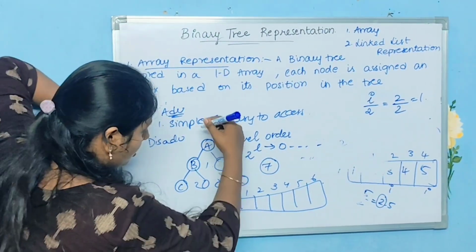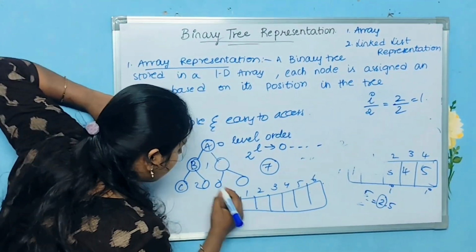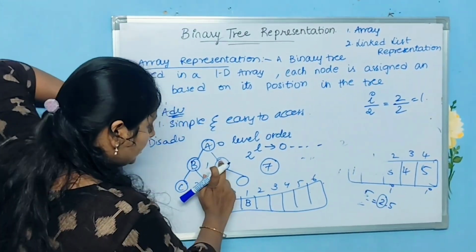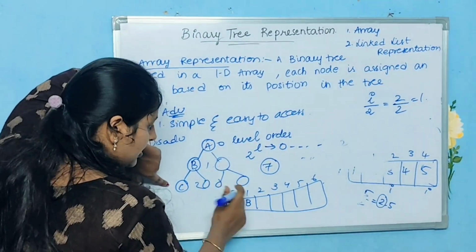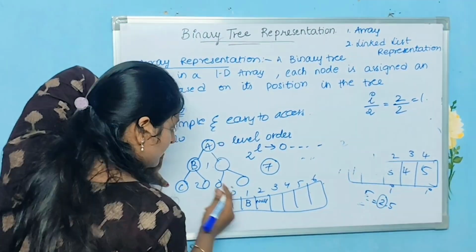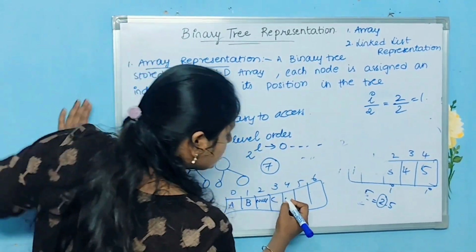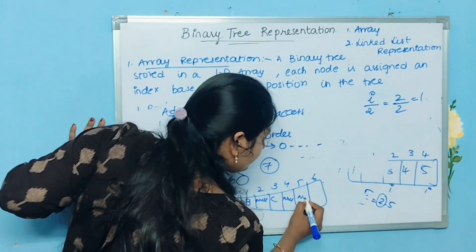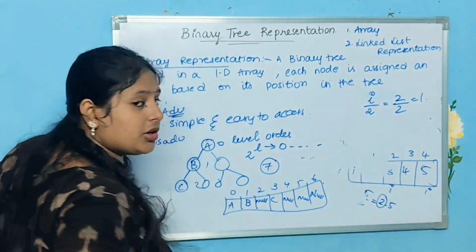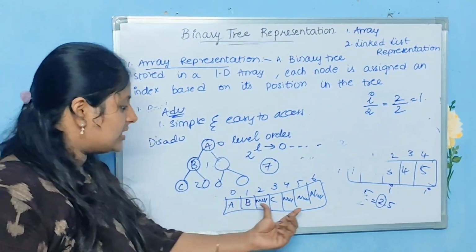right? So at 0 A is placed, at 1 B is placed, but 2 is empty. So it is null. Again 3 is full, but all other spaces are null. So you are unnecessarily wasting this memory.